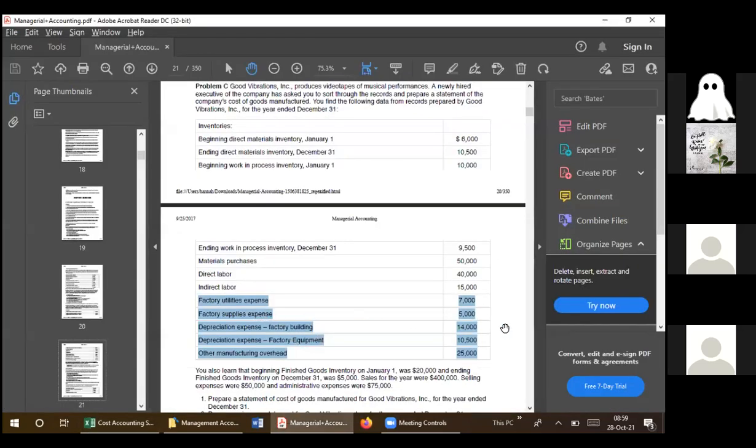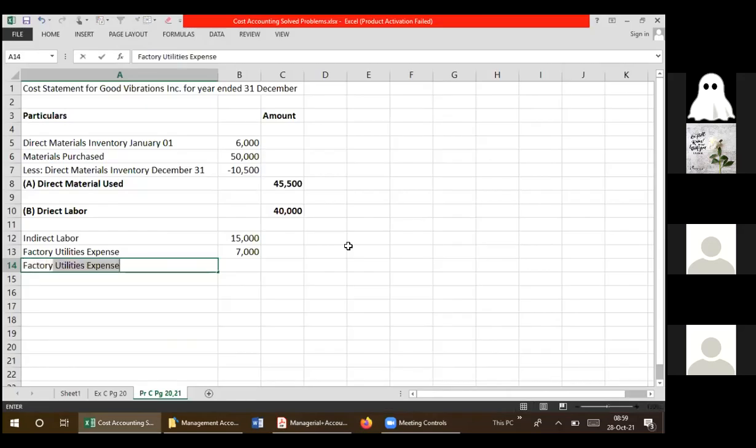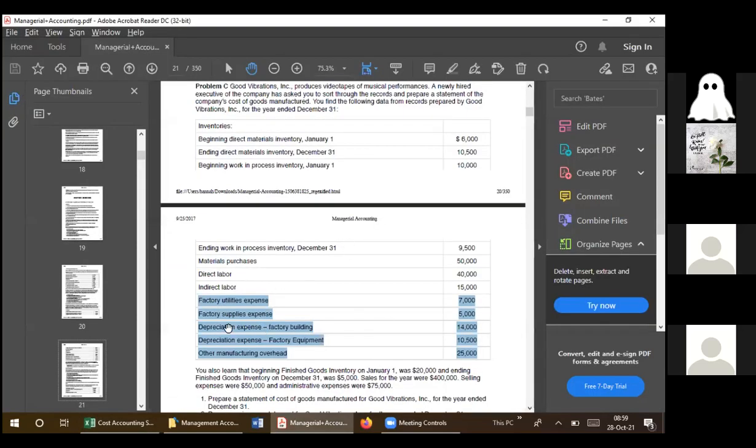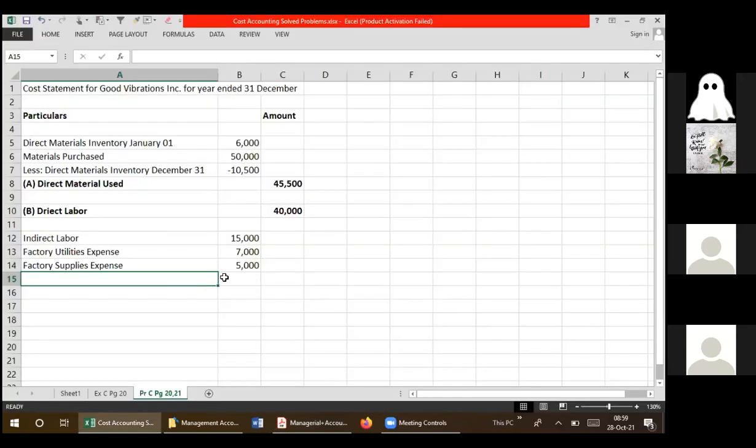Factory supplies expense 5,000. Depreciation expense on factory building 14,000.